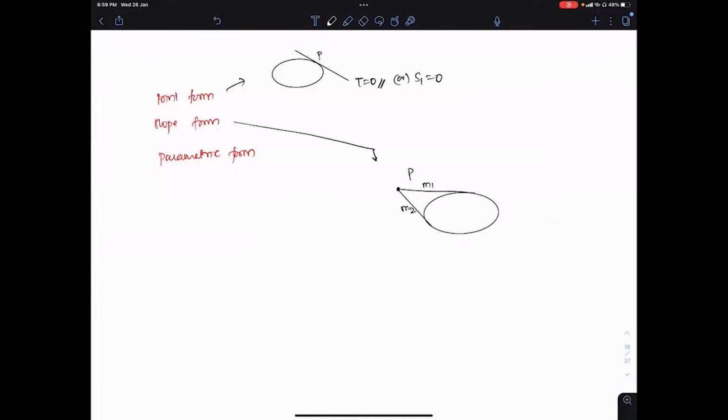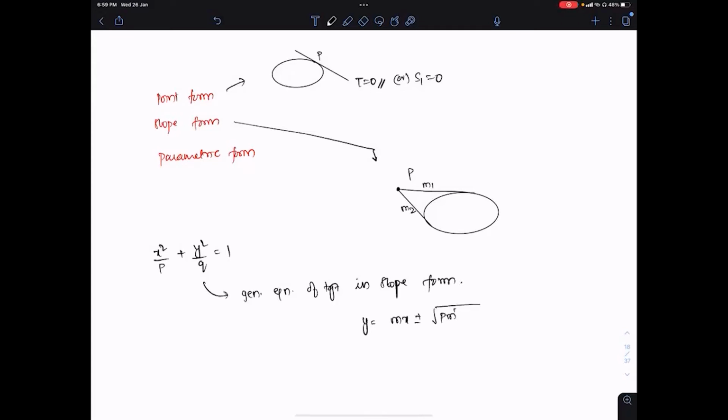Now, what is the slope form of the tangent for an ellipse? Now, forget about the ellipse. Even for a hyperbola, if the equation of the curve is something like this, then the general equation of the tangent in slope form is given by y equals mx plus minus root over pm square plus q.